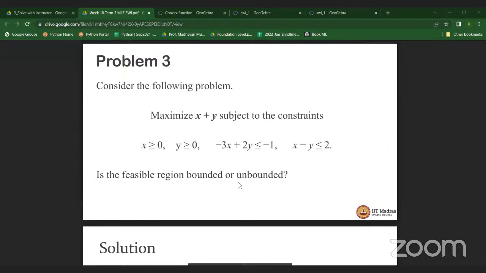Okay, shall we discuss the solution? Yes, sir.